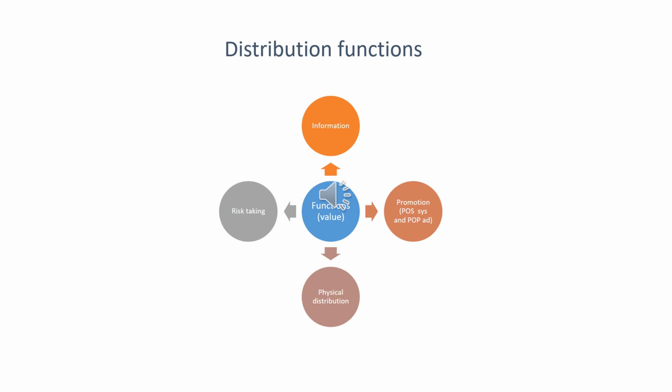And there are some very famous tips or techniques that are very common among retail stores. For example, you have point of sales systems and point of purchase advertising, and this means that there are particular promotions that are done, and also advertising.